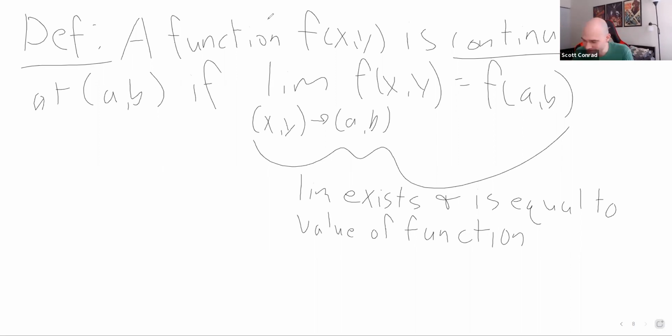And once you know all these classes of functions are continuous, if you want to evaluate a limit, I can just say that is continuous. Here's the limit. And since it's continuous, to find the limit, you just plug in whatever point you're approaching, A, B, into your function and evaluate your function there. And then that is going to be the limit. So I'm going to give you a whole bunch of continuous functions and show you how we use continuity to evaluate limits.